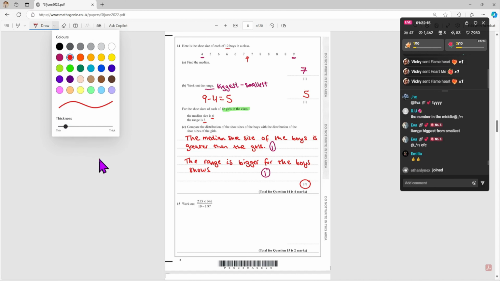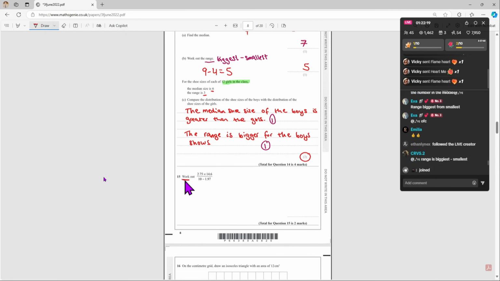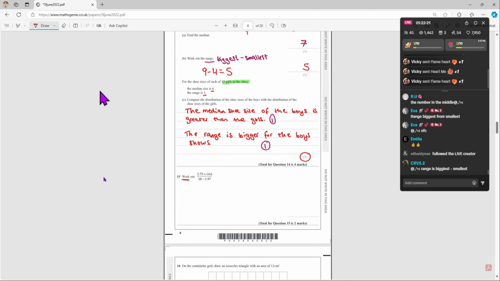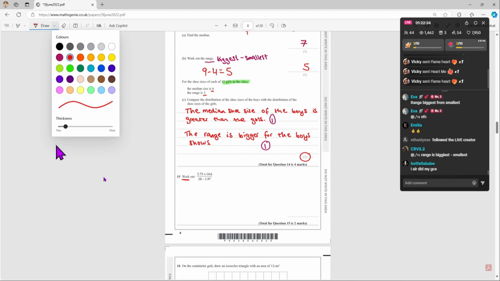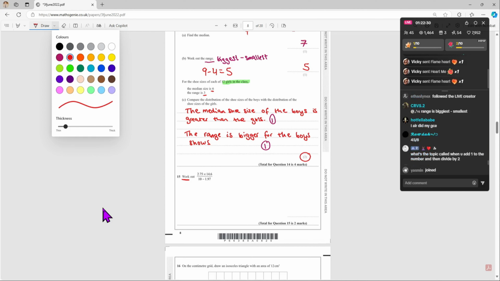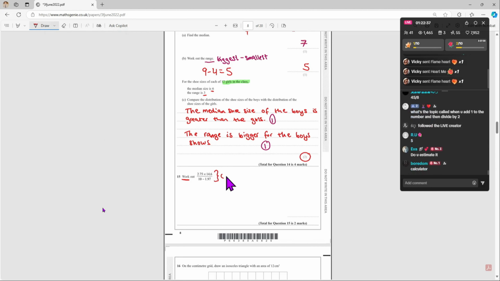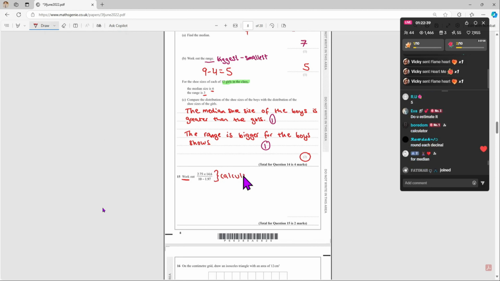So let's look at our next question over here. We need to work out this. How do we do this question, guys? You know how we do this question? You just put this whole thing in your calculator, and then you're just going to get an answer of 5. Literally, it's that simple.